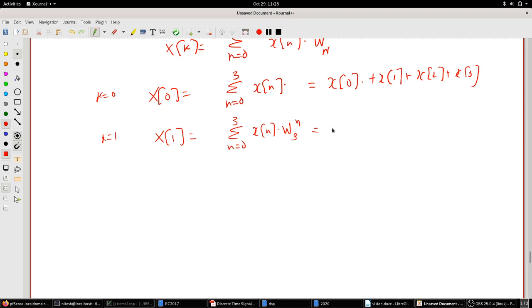So this in turn becomes x of 0 into w0 of 3 plus x of 1 into w1 of 3 plus x of 2 into w2 of 3 plus x of 3 into w3, this is 4, right?